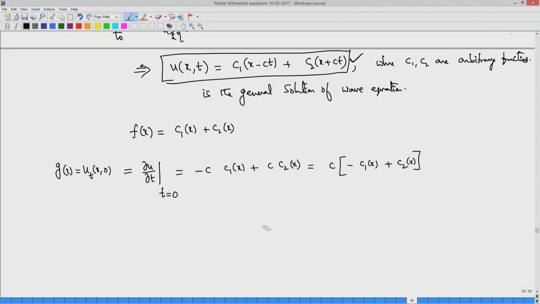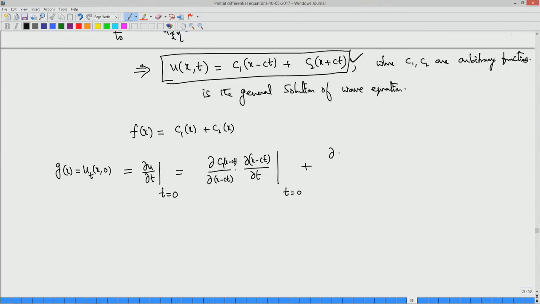So, how do I get this dou u by dou t? See, how do you calculate dou u by dou t? This is like dou u by dou (x minus ct) into dou (x minus ct) divided by dou t, this whole thing we put at t equal to 0, plus, dou this u is C1, first C1 function, C1 of x minus ct, okay.